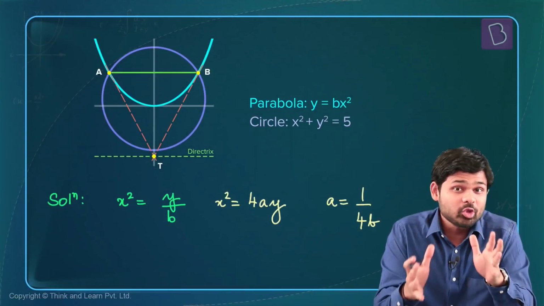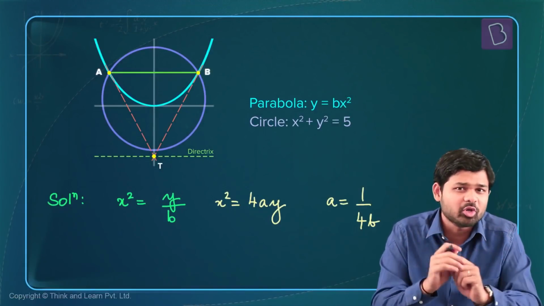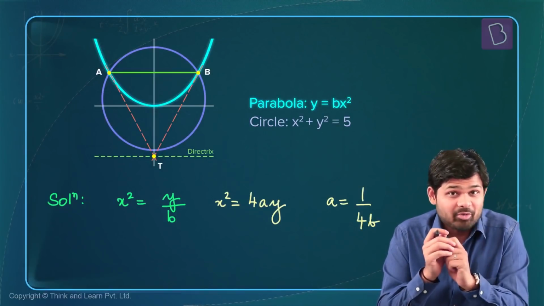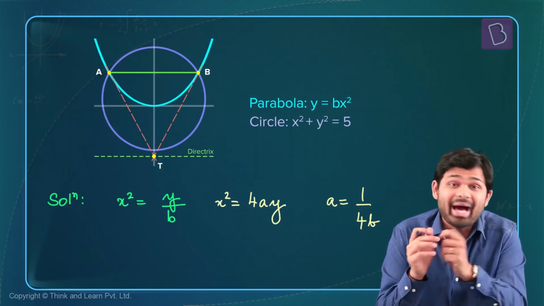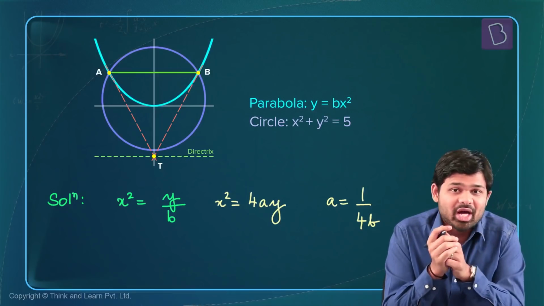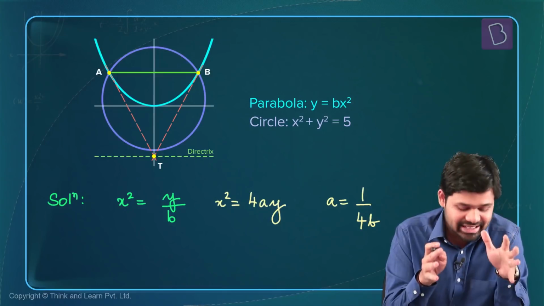So now I have these 2 points A and B, which are the endpoints of the chord which is common to both the circle and the parabola. So A and B both lie on the parabola. Now I'm going to write coordinates of A in terms of the parametric form of a parabola. Remember, whenever we deal with a parabola question, we are going to make use of the parametric form because that makes life really easy.